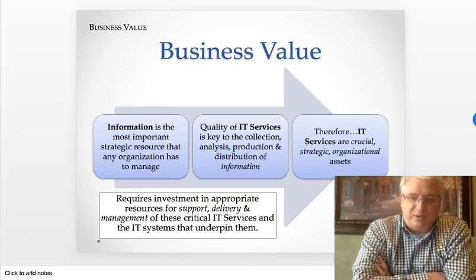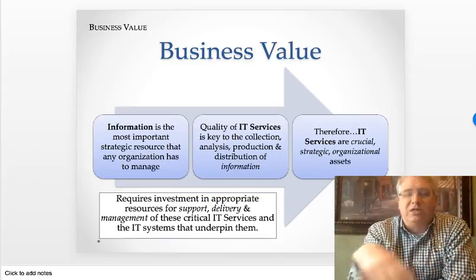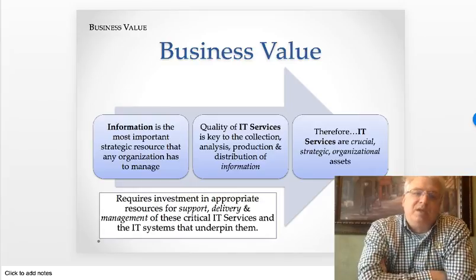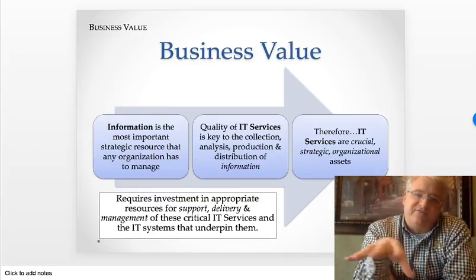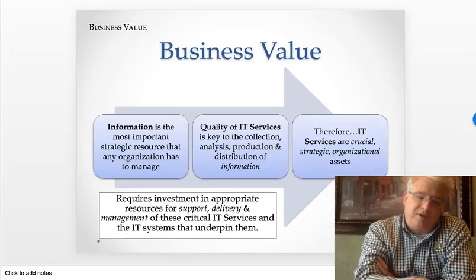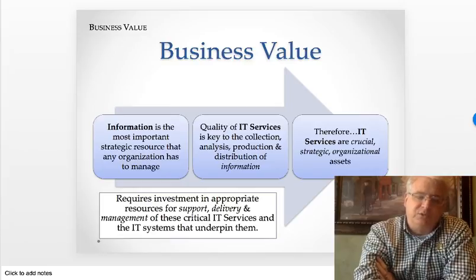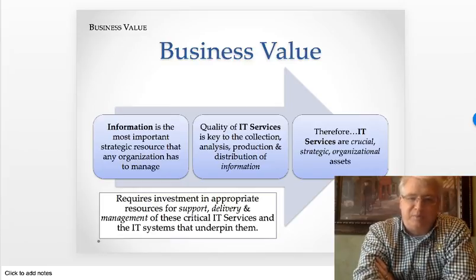Remember, data is a collection of all the pieces, but information is knowledge that you get out of that data. If we look at the path we're building, the first concept is that information is a strategic resource in an organization and has to be managed.